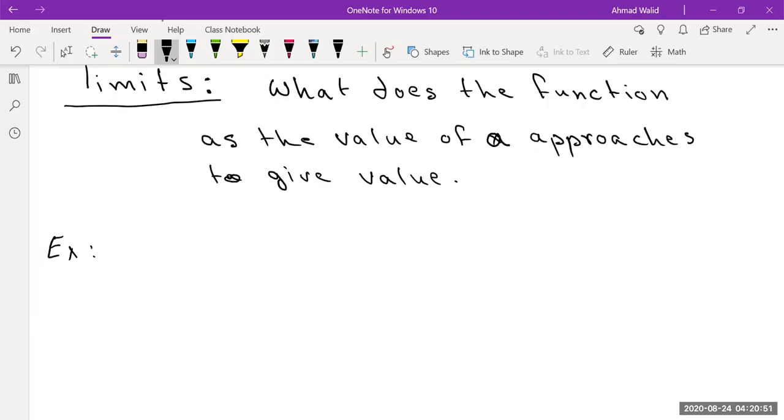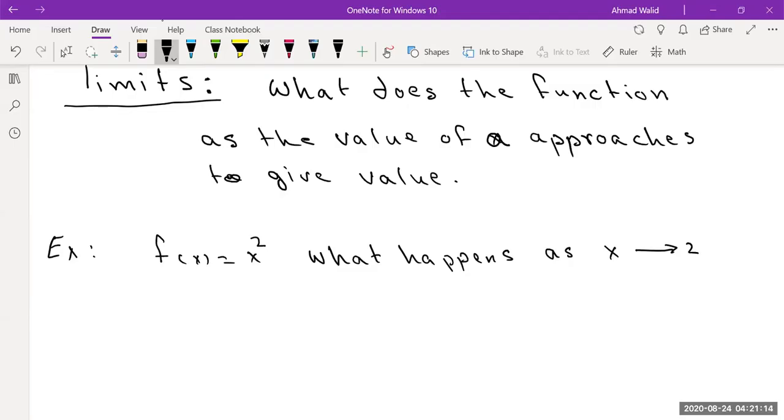Let's start with the first example. I'll explain everything here for you. For example, if f of x is equal to x squared, what happens as x approaches 2? Right? A function is given to you, f of x equals x squared.